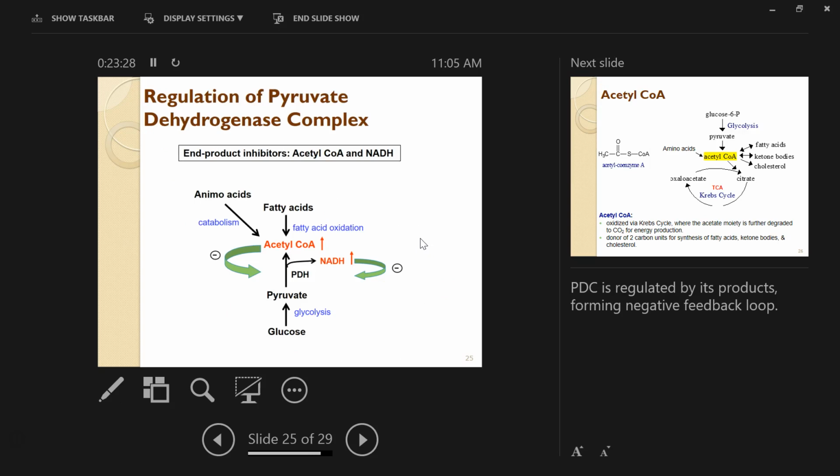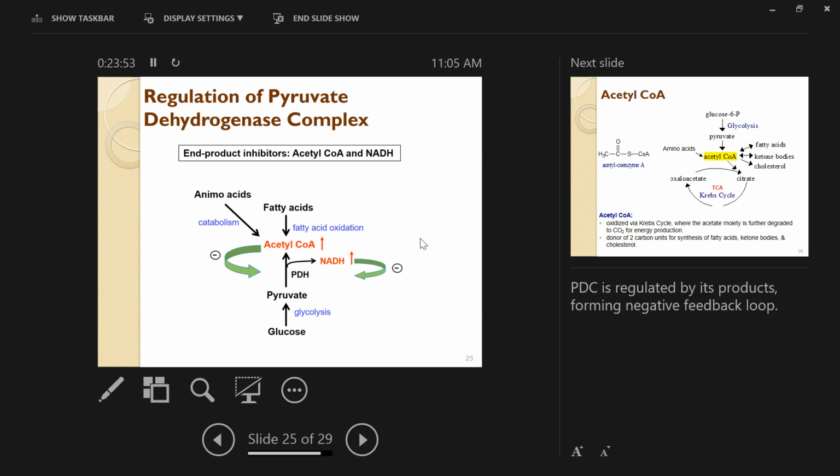And this is also a key reaction after the pyruvate enters the mitochondria. Pyruvate is converted to acetyl-CoA, and this reaction also generates 1 molecule of NADH.